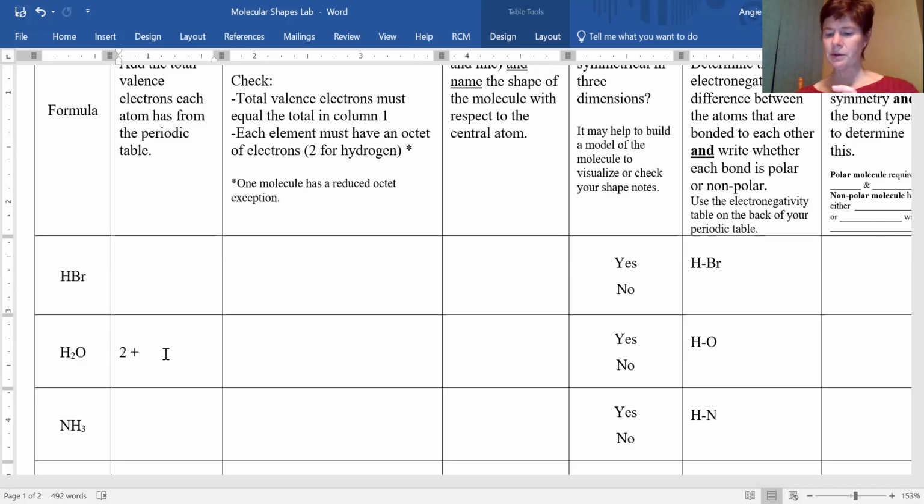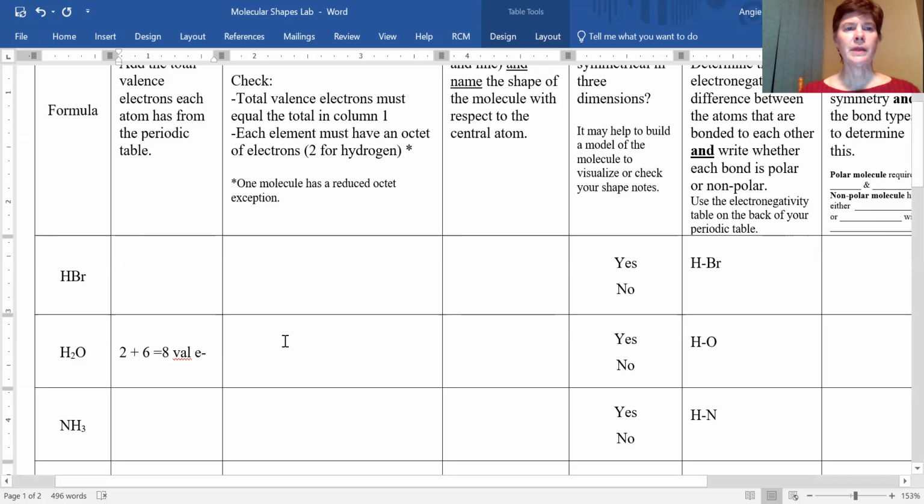Now, oxygen is in group 16, which means that there are 6 valence electrons for oxygen. That's also called 6A, so 6 valence electrons. We'll add those and get a total of 8 valence electrons. Okay, so that's how we work column 1 for H2O.